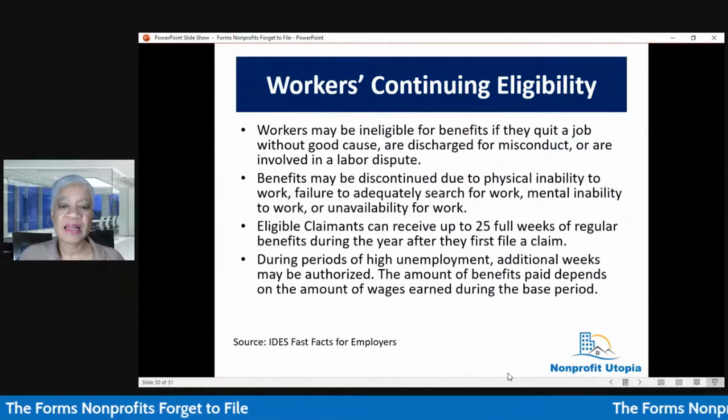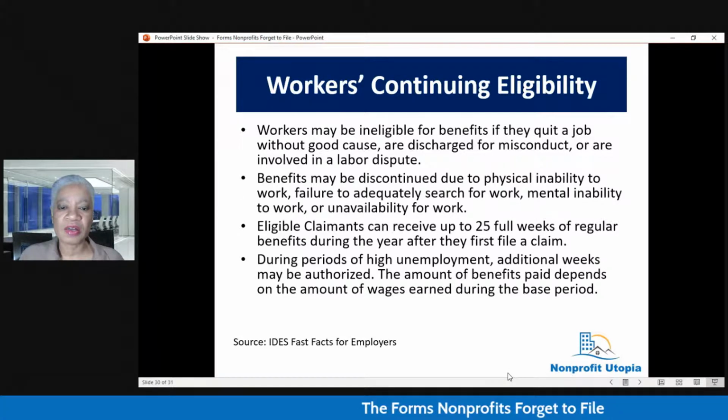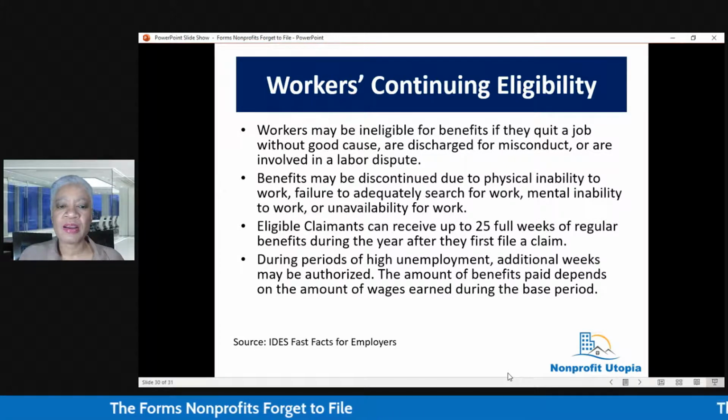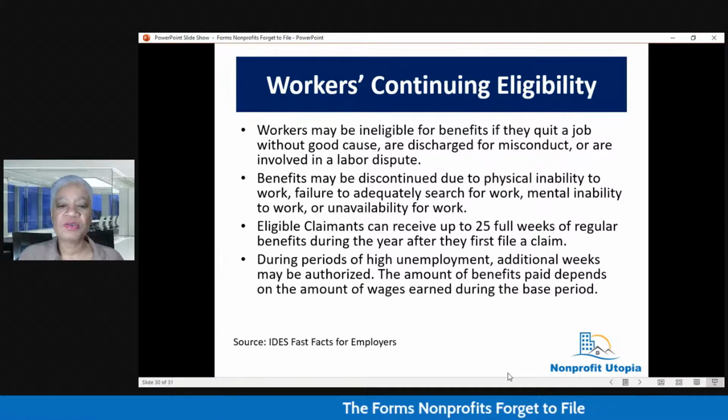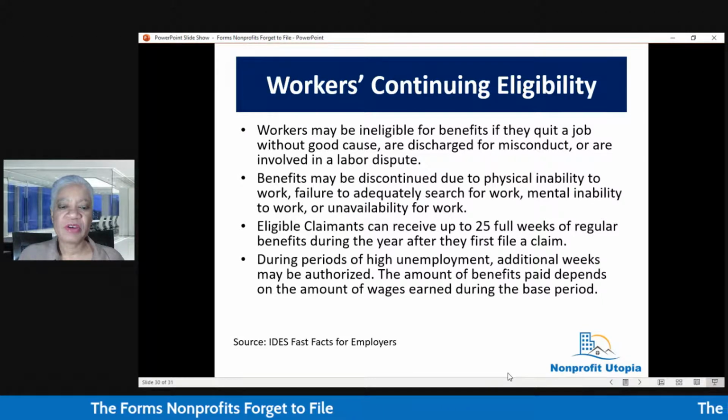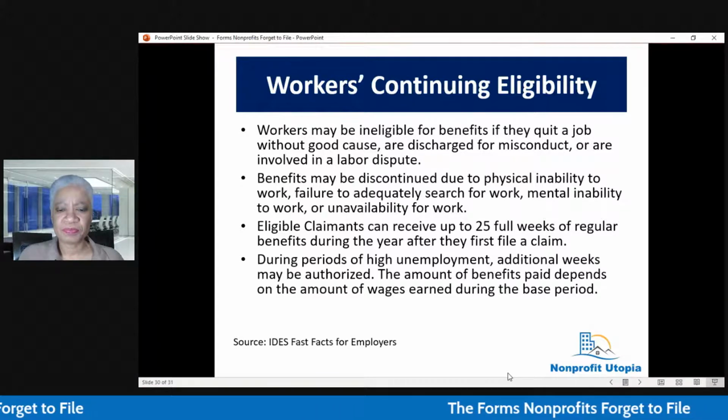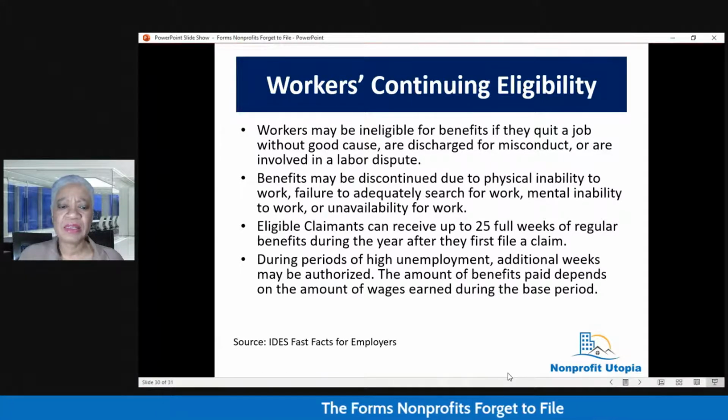Workers may be ineligible for benefits if they quit a job without good cause, if they're discharged for misconduct, or are involved in a labor dispute. Benefits can also be discontinued due to physical inability to work, failure to adequately search for work, if you have a mental inability to work, or if you're just not available to work.